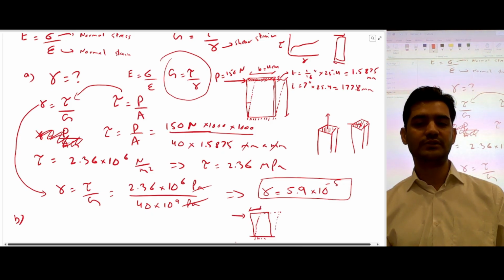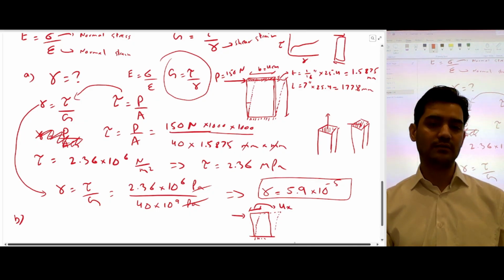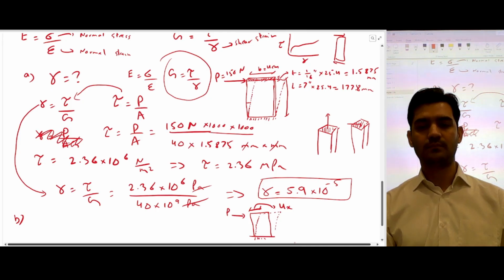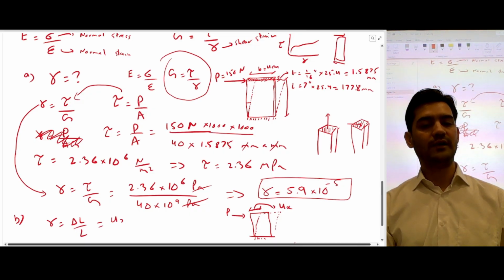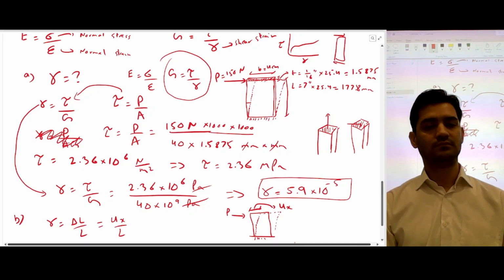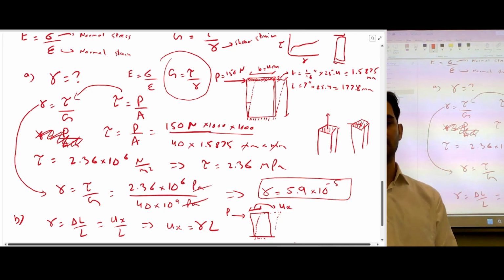And we know what this distance is. This is u of x, and this is what we have to calculate. We know what shear strain is: change in length by original length, or u of x by original length. So we can calculate u of x, which would be equal to strain into length. Does it make sense?